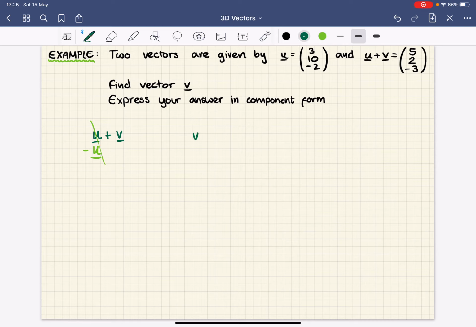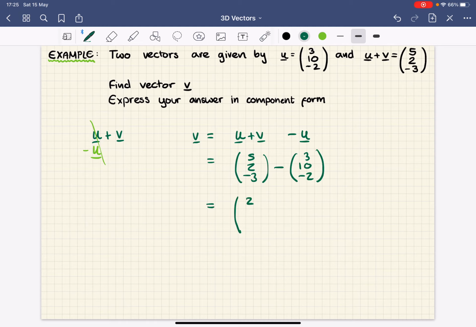So my vector v is going to be u plus v take away u. So u plus v is 5, 2, minus 3, and u is 3, 10, and minus 2. 5 take away 3 gives me 2. 2 take away 10 is minus 8. Then minus 3 take away negative 2, double negative there, is just going to be minus 1.